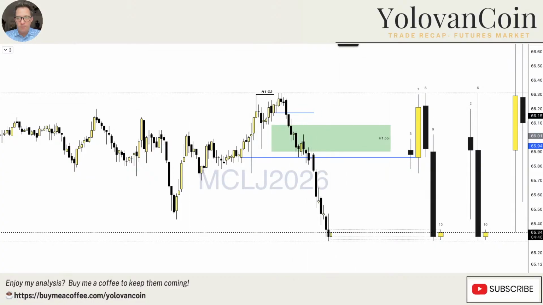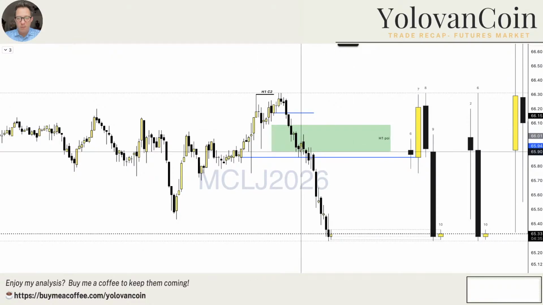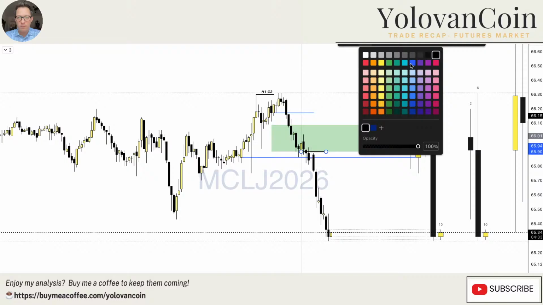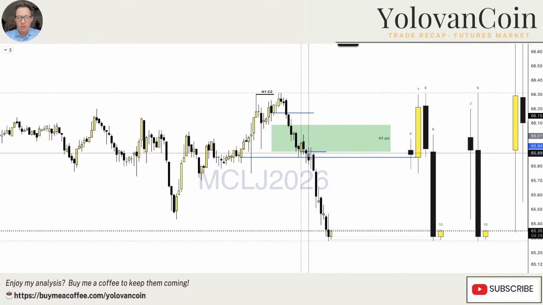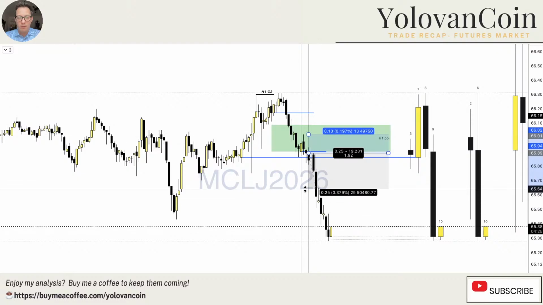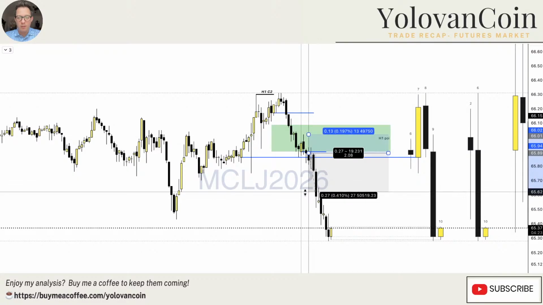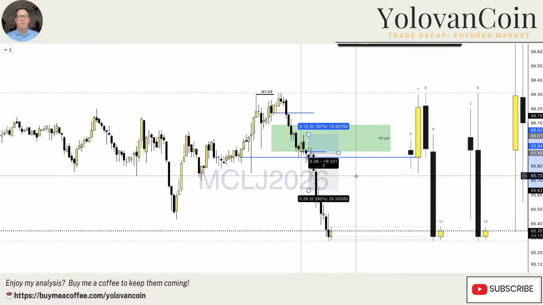Then there's a C3 here, and there was a C3 here. There was actually an entry here. From here you put your stop loss here and you target 2R, which is probably around here.